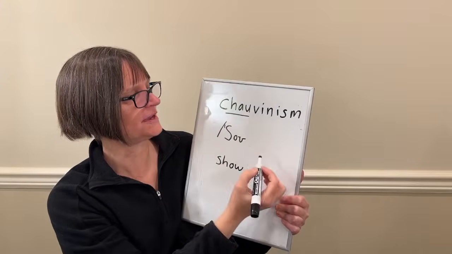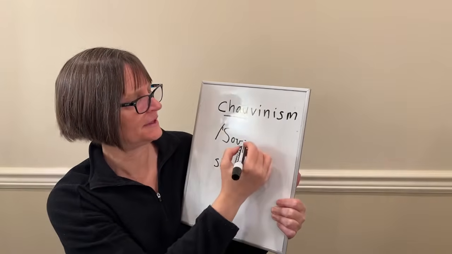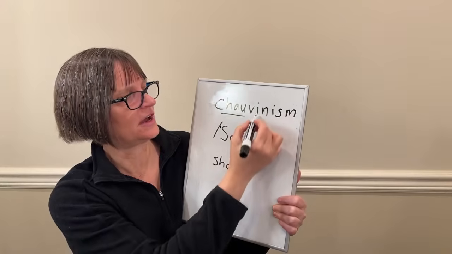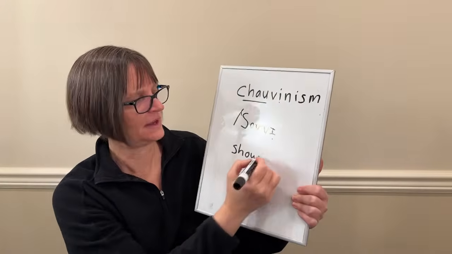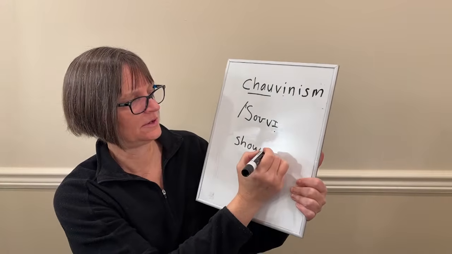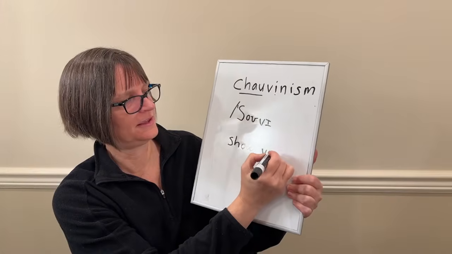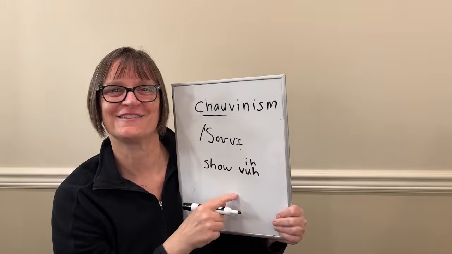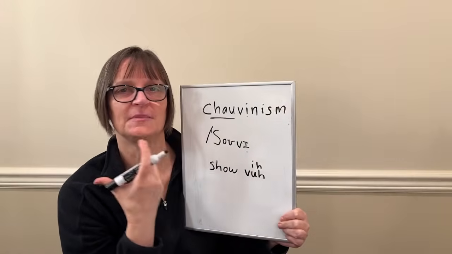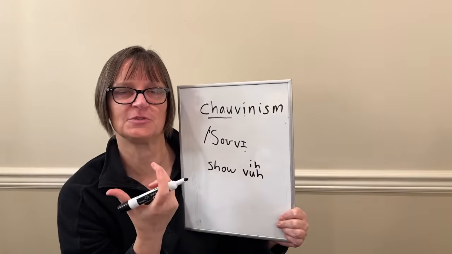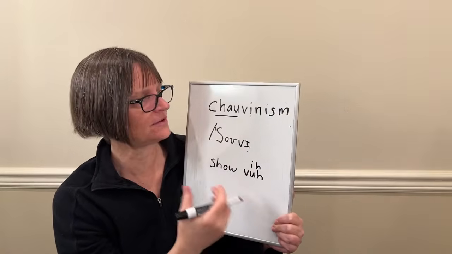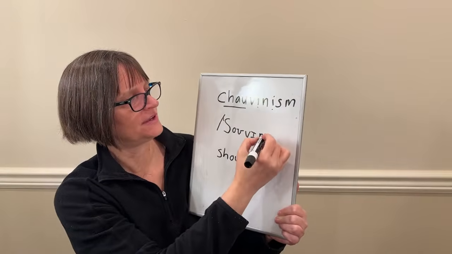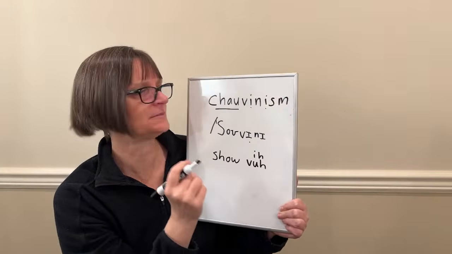So show is stressed, chauvinism. In the dictionary they're going to show it with an I, but I would say we would say it with either an uh or an I, just because that second syllable is reduced. It's not a clear vowel, so it doesn't matter too much if I'm using an I sound or an uh sound. Chauvinism. Again, another unstressed I sound, chauvinism.